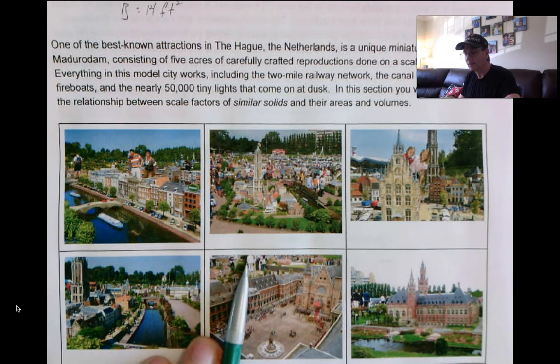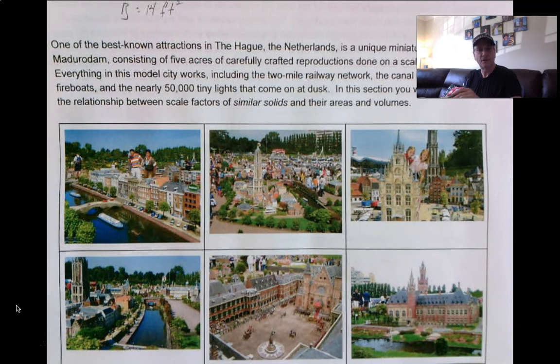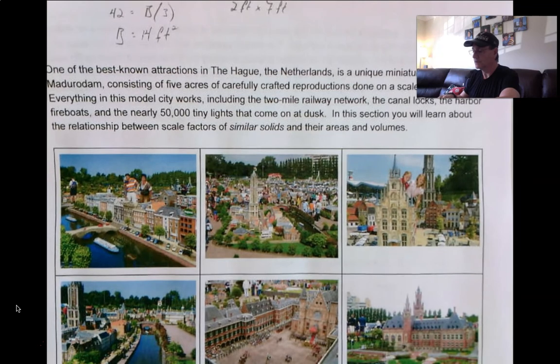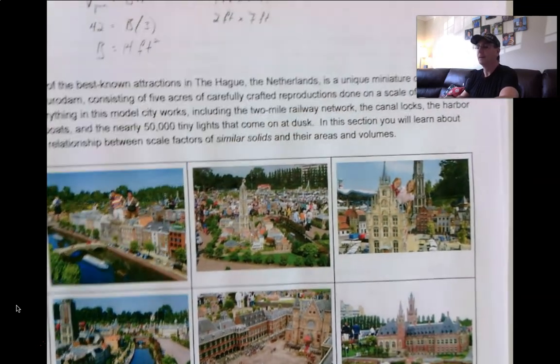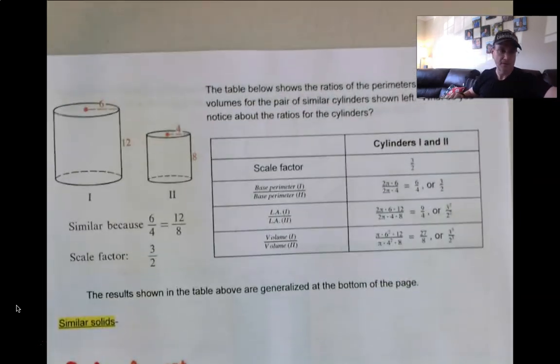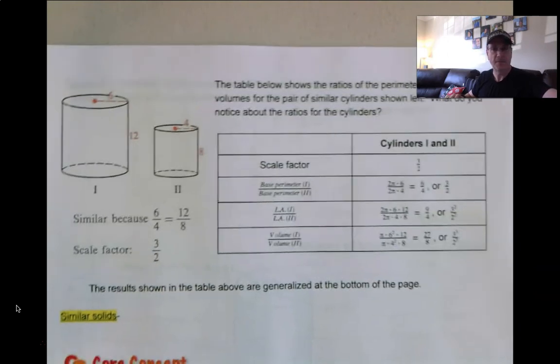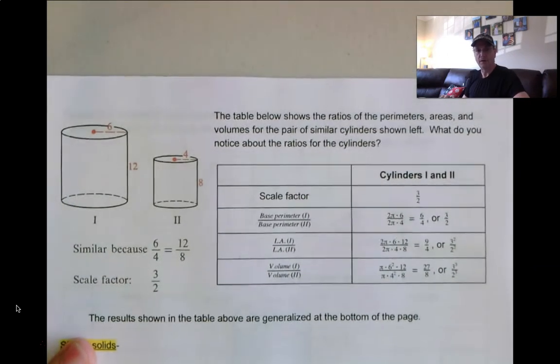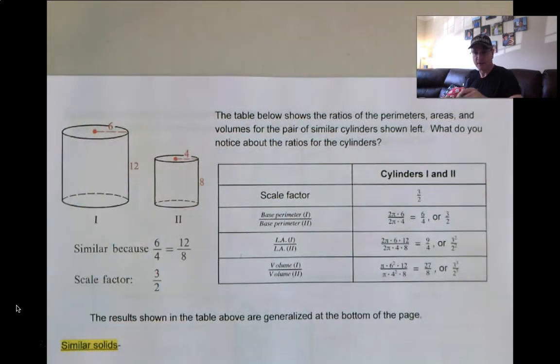So that's a person there and there. These are people here. This is a miniature city with working railroads and cars and boats and things like that to illustrate similar solids.